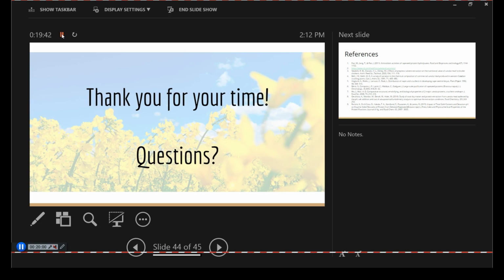Lucy. Do you have any theories as to why salt didn't help with protein precipitation? Did they test different salt concentrations? Yeah. So basically, we can see that the cruciferin is salt soluble.